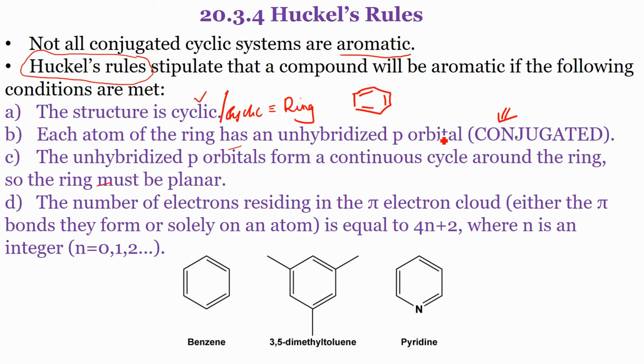How do I even know that? We look at hybridization. So I have hydrogens. Can someone tell me what's the hybridization of all these carbons? Someone? SP? No, it's sp2.